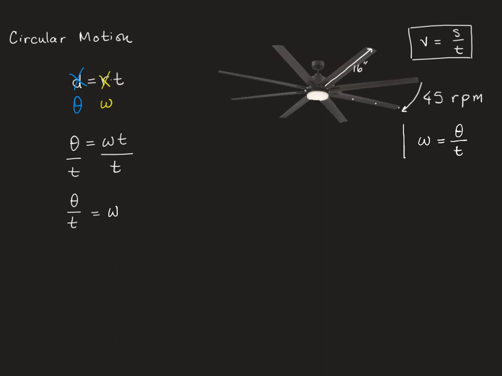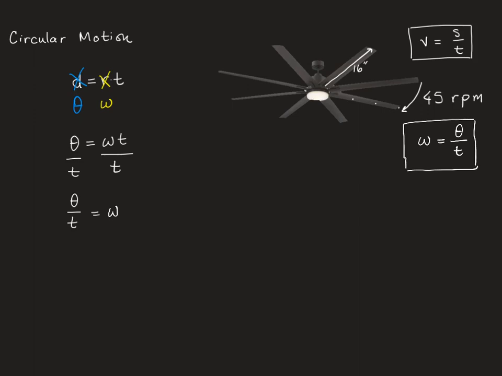And with this formula, now we can figure out how fast the angle is changing as we go around at the tip of the fan blade, or in fact, at any point along a fan blade. So, to find the angular velocity or the angular speed, we need to know theta and t.